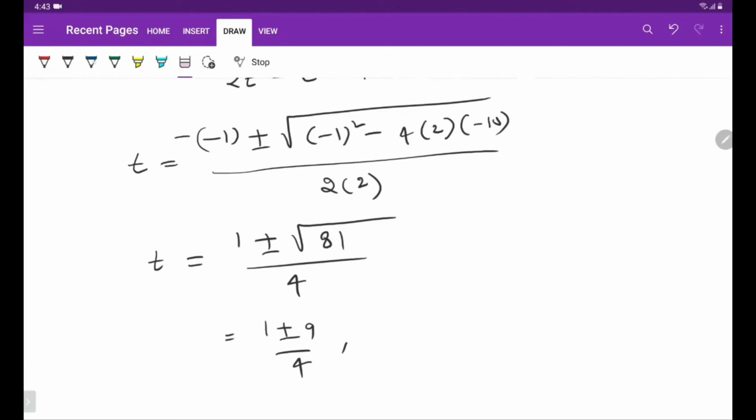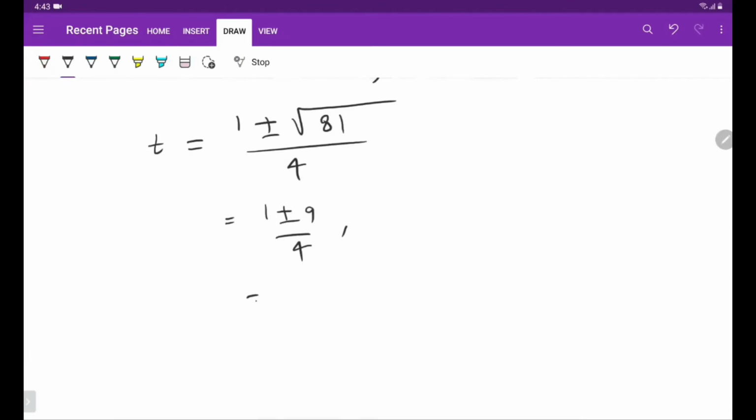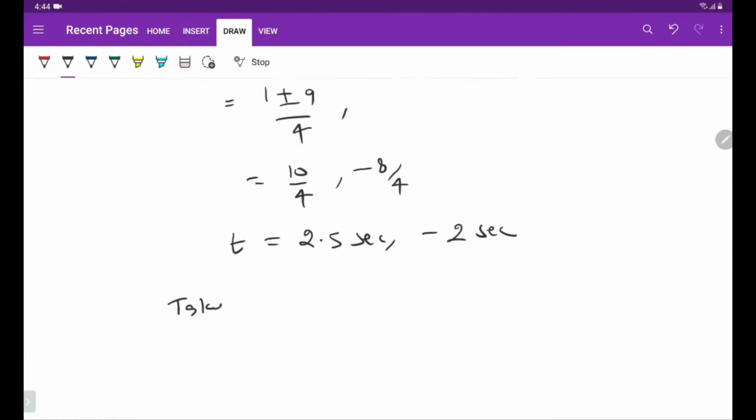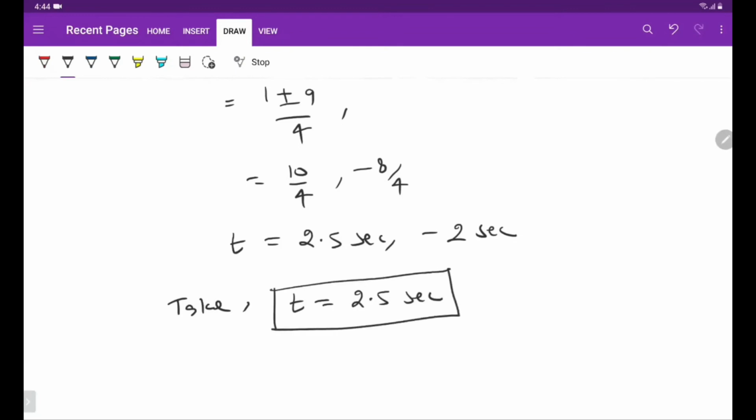So we get one value 10 by 4, another value minus 8 by 4. Again we get 2.5 seconds, minus 2 seconds. Same answers we are getting. So take positive sign. Take t 2.5 second. So using both methods we can solve.